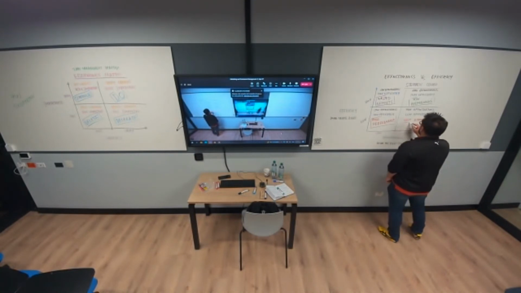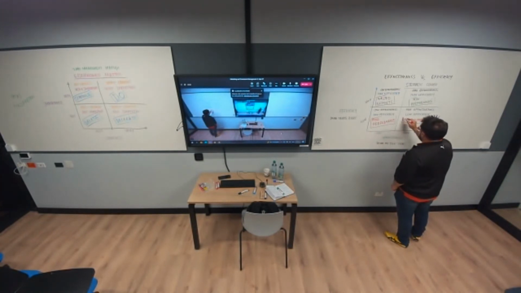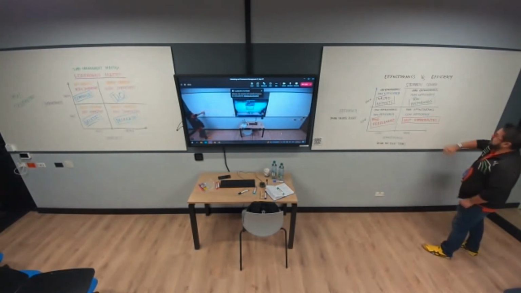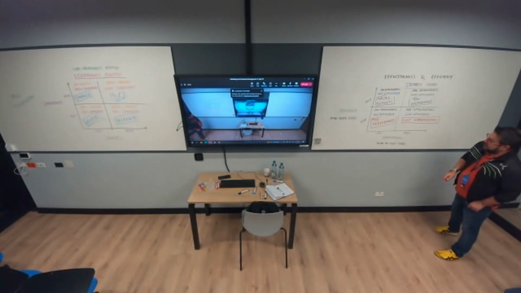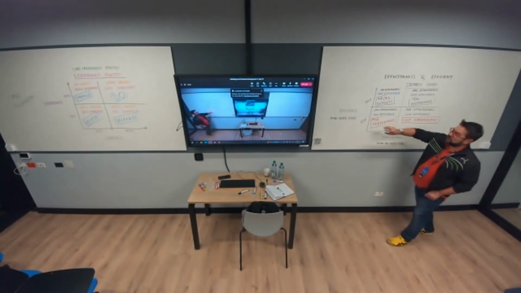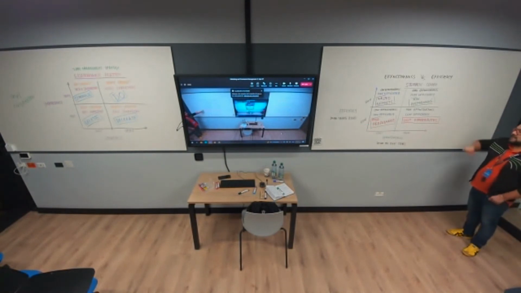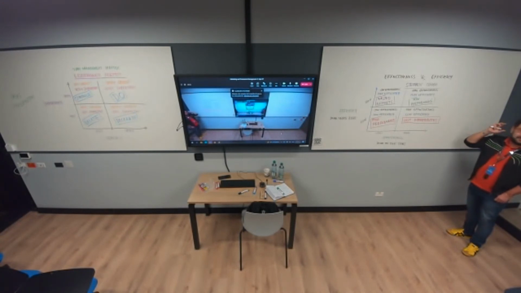That means that that group of people, that team or that manager, they are doing the right things. They pick the right things to do, but they are doing those wrong. So they are losing opportunities. They pick the right things to do, but they are doing those things not that good.